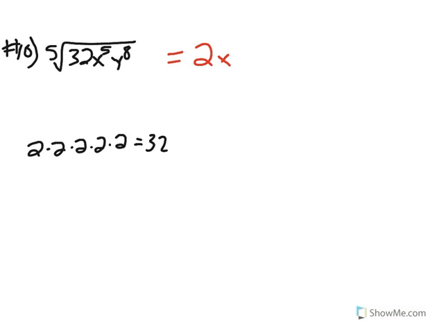X to the 5/5, pardon me, I said that incorrectly. And then y to the 8/5. If any fraction reduces, you should reduce it. 5/5 reduces. 8/5 does not reduce.